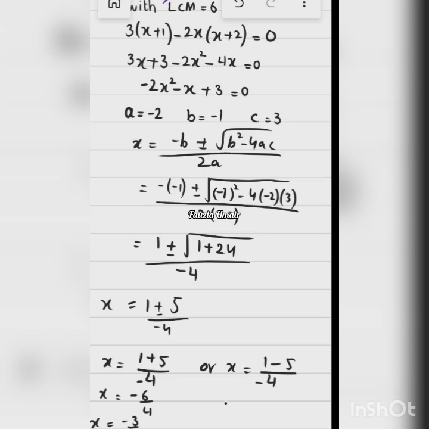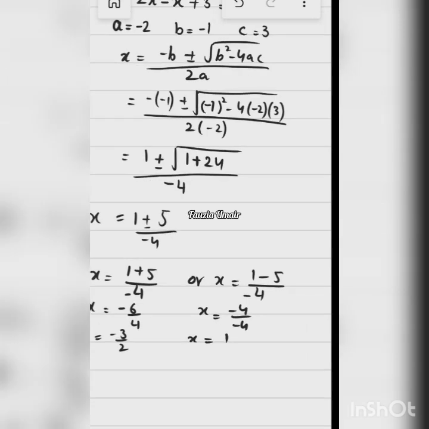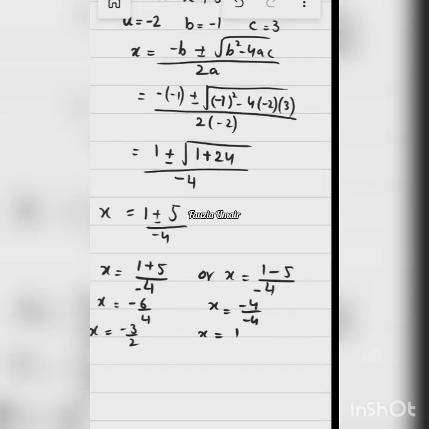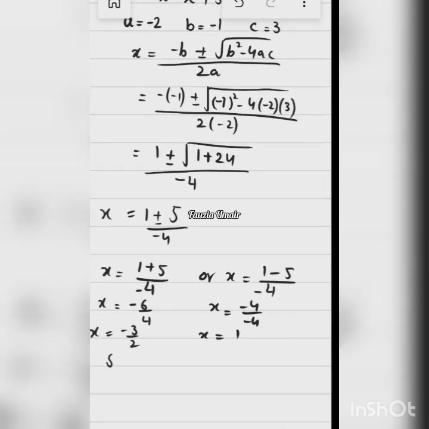From this side, we are having minus 4 by minus 4. What will minus 4 by minus 4 be? It will be 1. Got it now? So the solution set is minus 3 by 2 and 1.